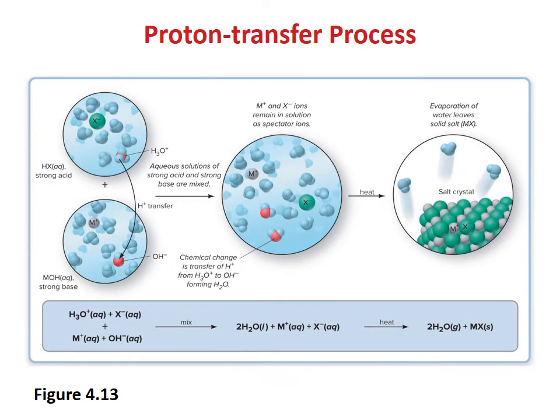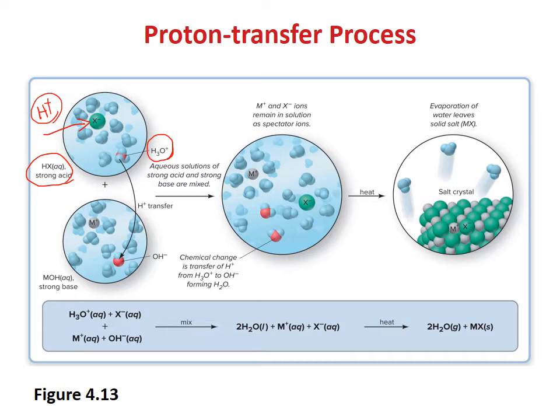Let's take a closer look at a strong acid, strong base reaction. In strong acid solution, a strong acid such as hydrochloric acid dissociates completely into hydrogen ion and chloride ion. The hydrogen ion immediately combines with a water molecule to form a hydronium ion, where oxygen bonds to 3 hydrogen atoms.